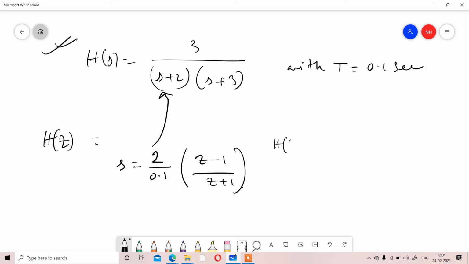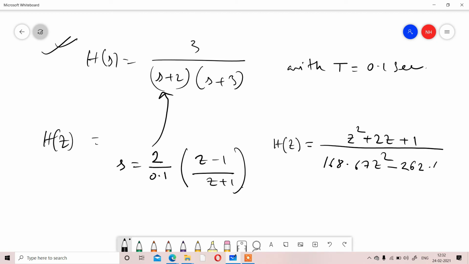The value of H(z) here you will get as an expression like that: (z square plus 2z plus 1) by (168.67 z square minus 262.67 z plus 102).